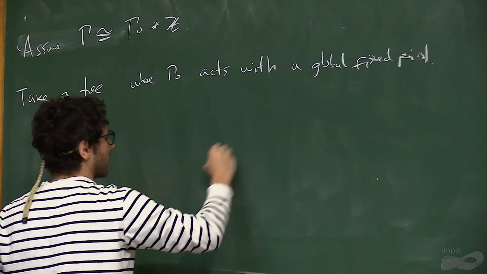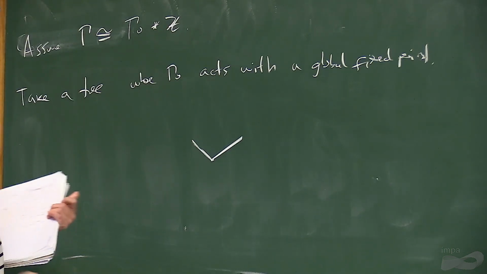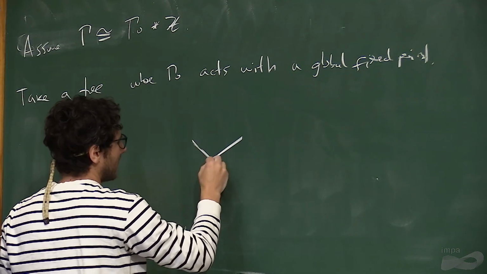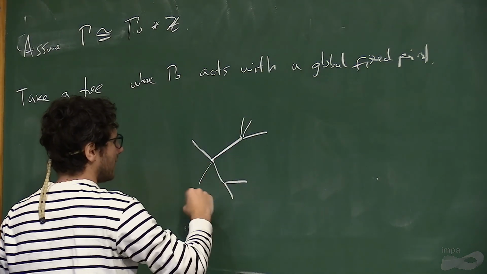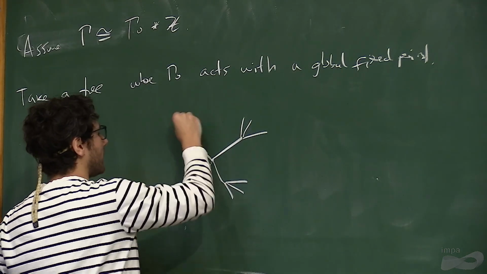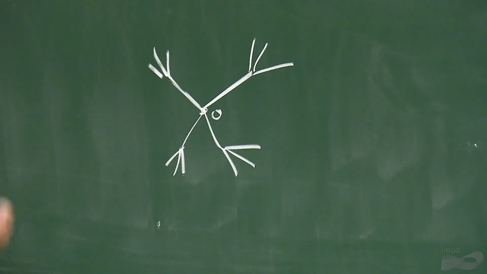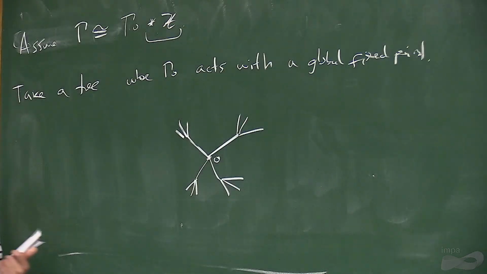So because gamma 0 is almost free, right? Up to finite index, you can make it act in a tree in such a way that it acts non-trivially in this tree and has a global fixed point.